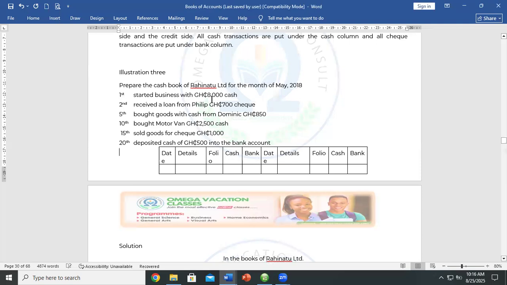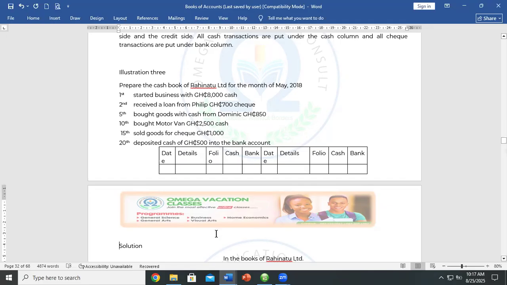Here you have: started business with 8,000 cash, received a loan from Philip 7,000 by check, bought goods with cash from Dominic, bought motor van 2,500 cash, sold goods for check, and deposited cash of 500 into the bank account. You appreciate that this group of transactions is giving you cash and check signals, right? So you would have to prepare the 2-column cash book. If you had seen a discount, you could have been led to the 3-column cash book. But here it's only cash and check without any discount.